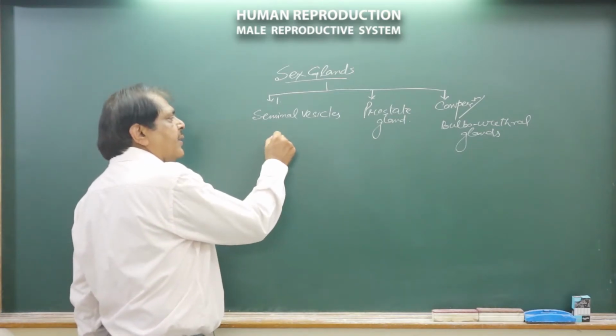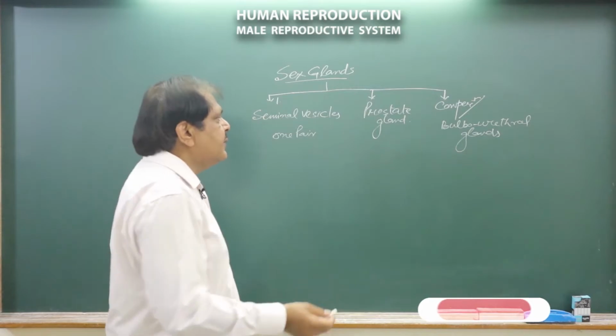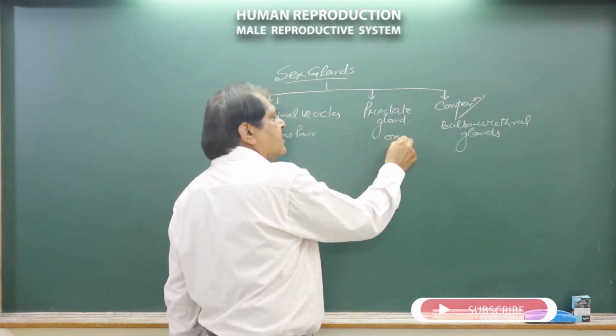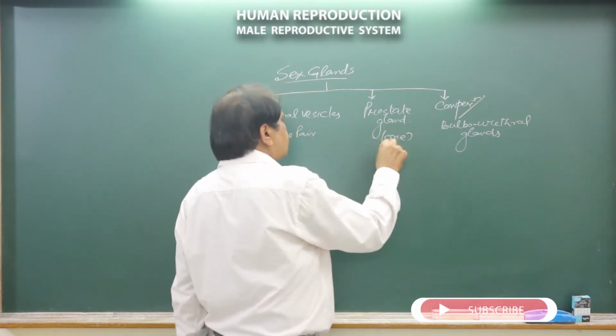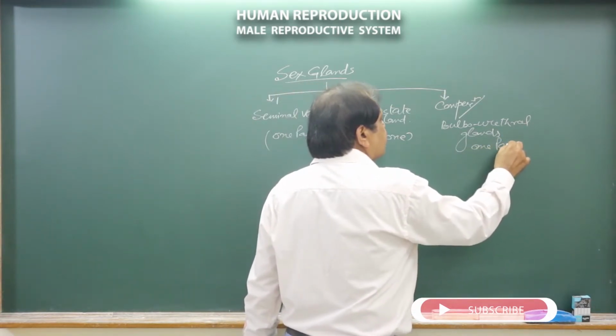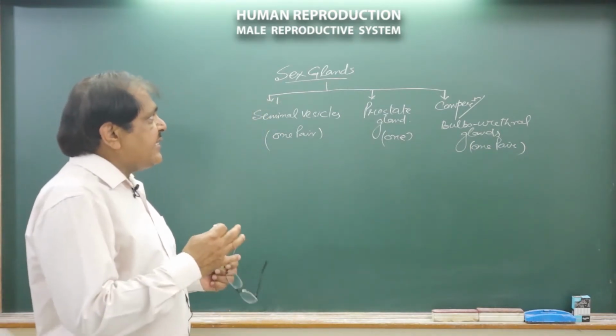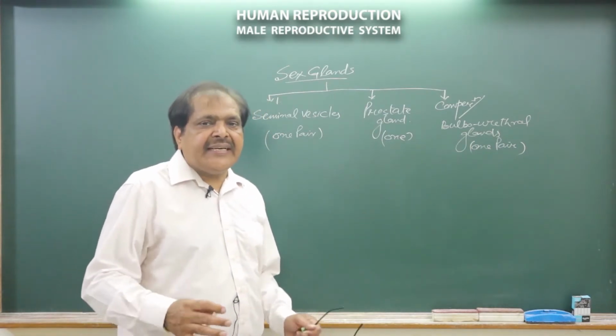These are 2 in number, 1 pair. We have already done it. This is 1 single, and this is also 1 pair. Because they are glands, they have to secrete something.